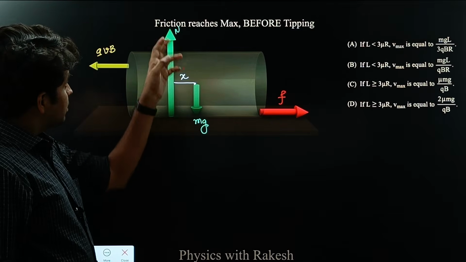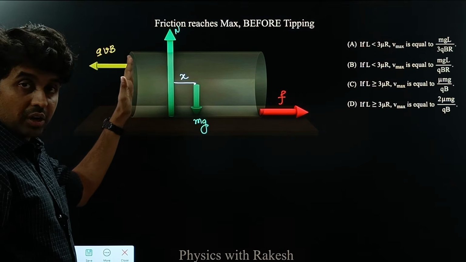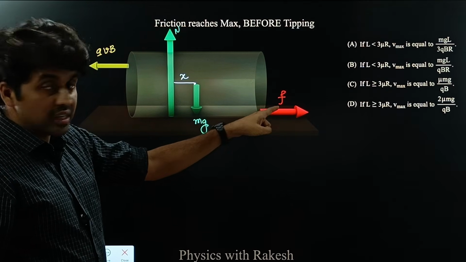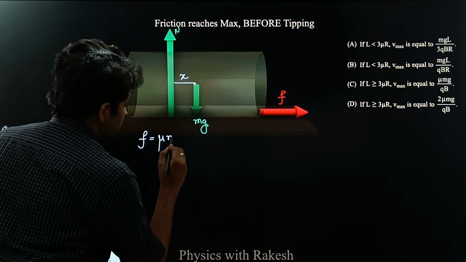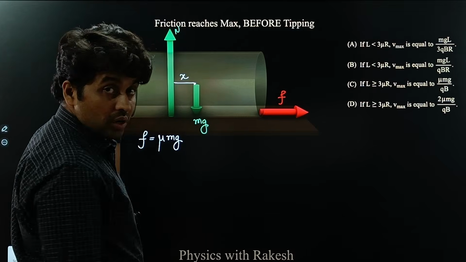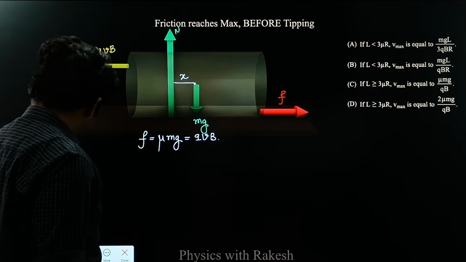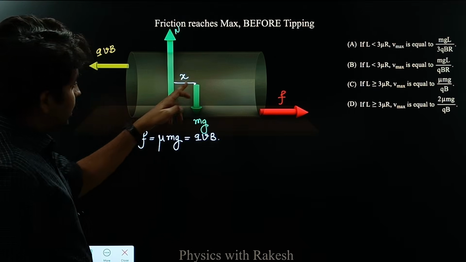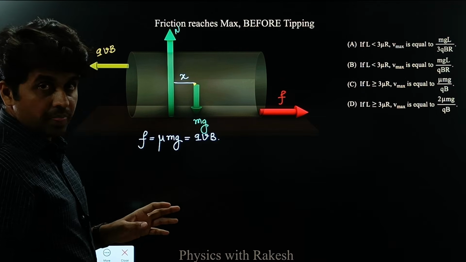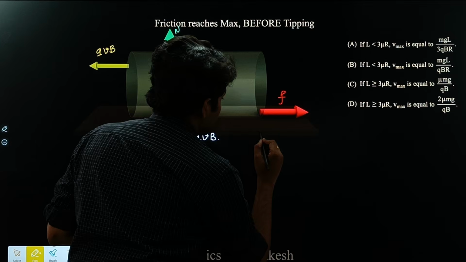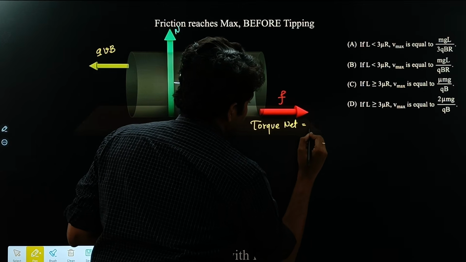Next, let us look at the condition where friction reaches maximum before tipping. That means friction becomes maximum before this normal goes here. So what can we say? If this has reached maximum, I can say F equal to mu mg, right? And F is also equal to QVB. Next, if I take the torque about center, again the net torque is 0.